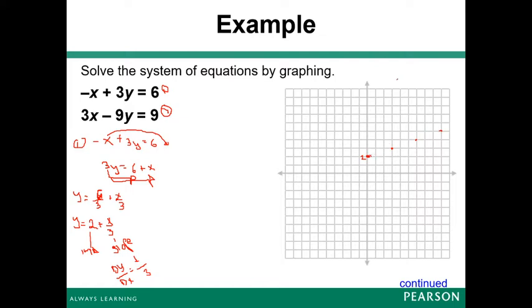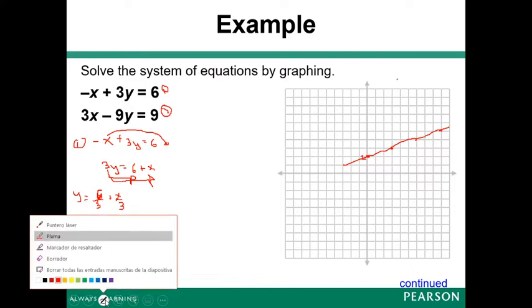But look at all the process I have to do to graph and find the intersection point, when I ask you to find the graph.